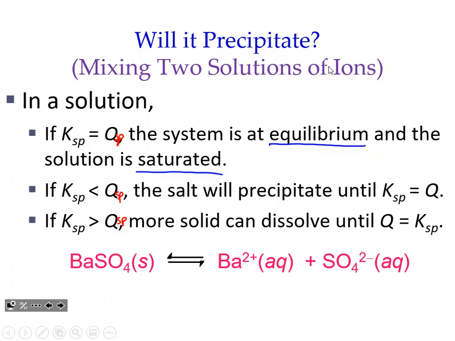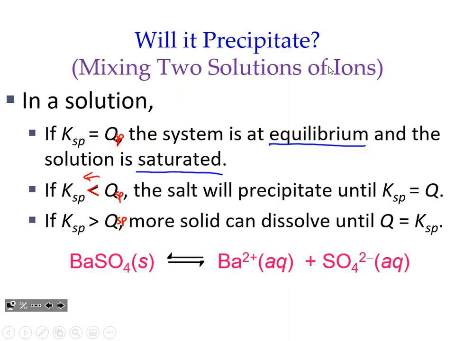If Ksp is less than Qsp, that means you have more product, because the Q is higher, so it would shift left. And yes, you would end up having precipitate. Remember, that way left, forming the solid. And it will keep forming solid until Qsp and Ksp are equivalent.